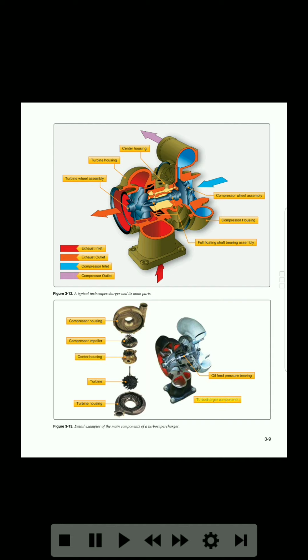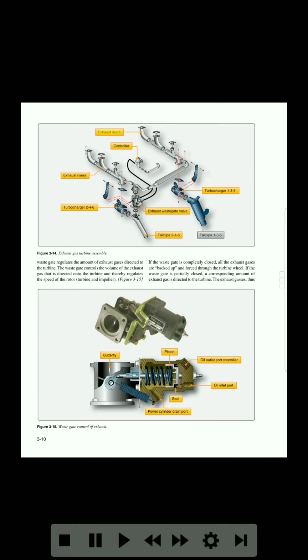Turbine housing. Turbocharger components. Figure 3-13. Detail examples of the main components of a turbo supercharger. 3-9. Exhaust risers. Controller. Exhaust risers. Turbocharger 1-3-5. Turbocharger 2-4-6. Exhaust waste ticket valve. Tailpipe 2-4-6. Tailpipe 1-3-5. Figure 3-14.